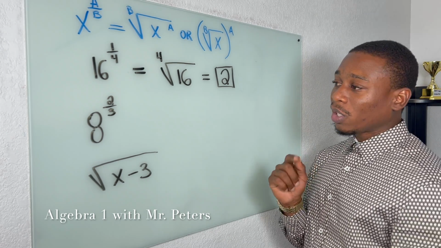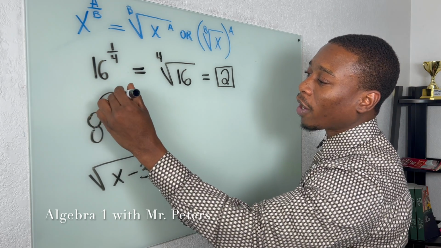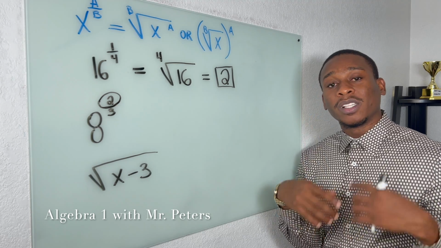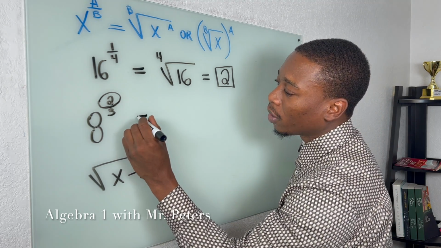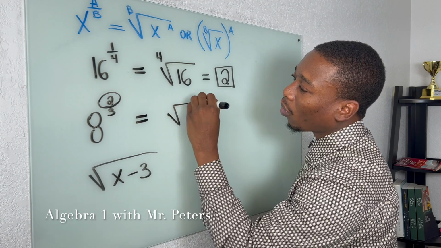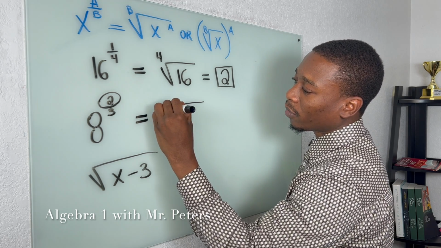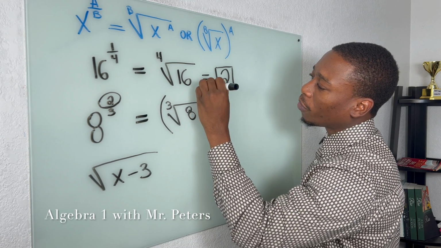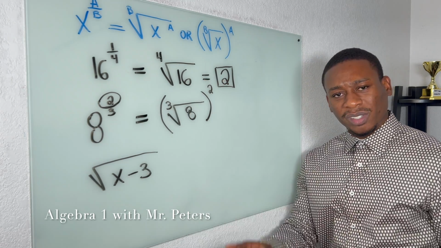Now, problem number 2 is going to be a little bit different because now instead of everything being to the power of 1, it's going to be to the power of 2. So let's see how that changes the problem. So I go through, I rewrite this, right? And I'm going to use parentheses just to switch up the format a little bit. Now, this is what they're saying to us.